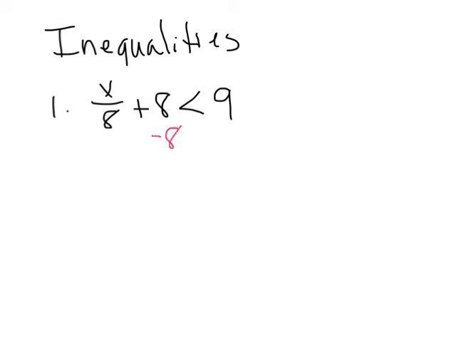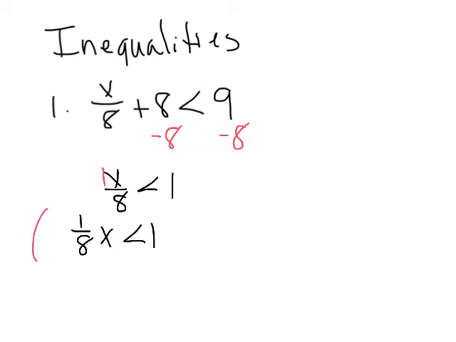We're going to use the inverse to get my variable by itself. I have x over 8 is less than 1. And again, there's an implied 1 in the numerator here, so I'm going to rewrite that as 1 over 8 times x is less than 1.